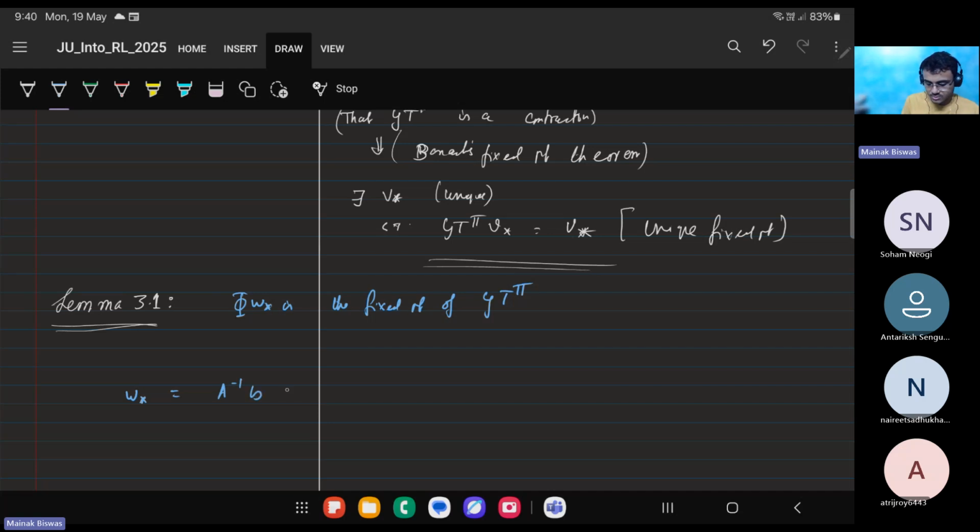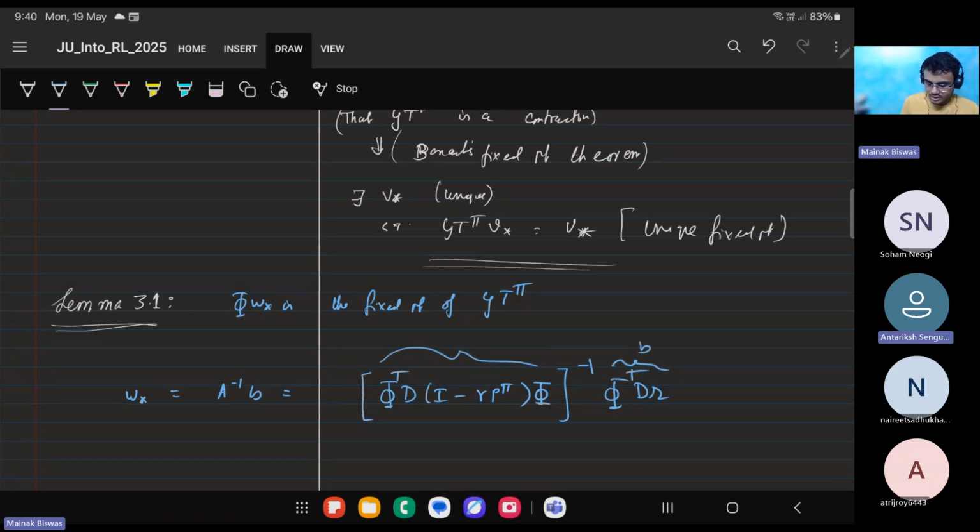W star is A inverse B, which is phi transpose D (I minus gamma P pi) phi, inverse, times phi transpose D R. This was our A, and this was our B.